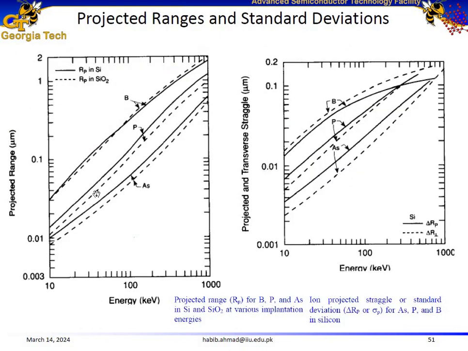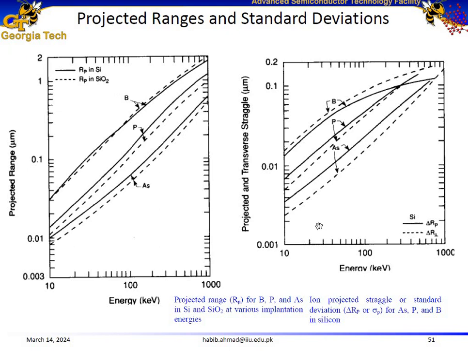Here are some figures depicting projected range versus energy for boron, phosphorus and arsenic ion implantation, where the solid lines represent the projected range in silicon and the dashed lines represent the projected range in silicon dioxide.